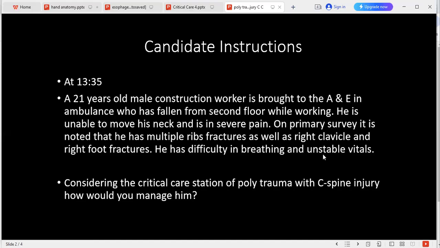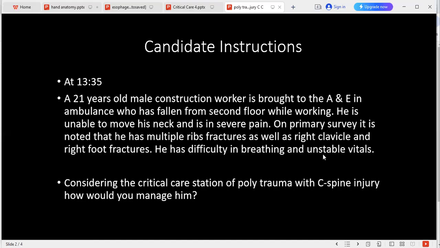In the abdominal part, I will send all the blood investigations. In the circulation part, I will monitor the vitals. I will shift the patient into the ICU and insert the central line for CVP monitoring. I will start resuscitation as the patient may require blood transfusion, and monitor the urine output as well.